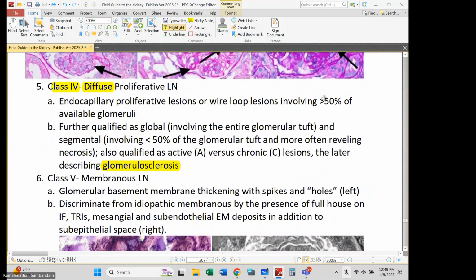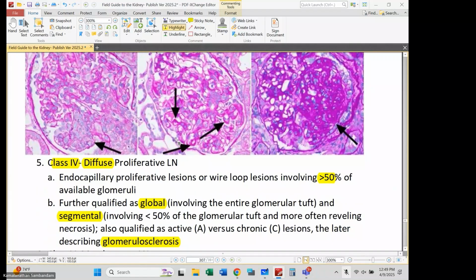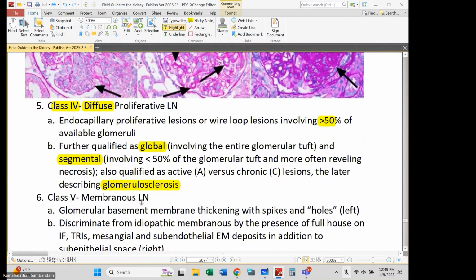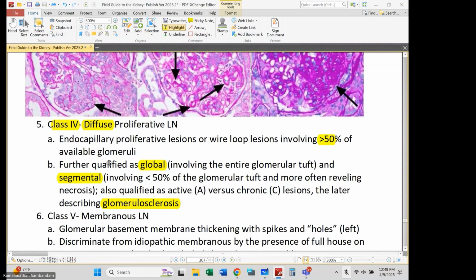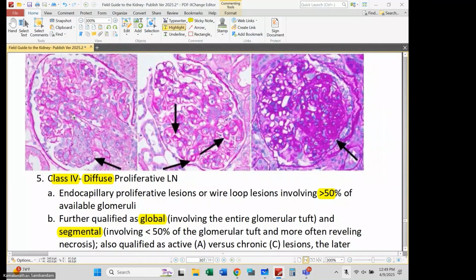We've already made the comment of the distribution. There is some older literature that there was some value to describing whether the proliferation is global versus segmental. But that has become, I guess, less emphasized. There was a pretty high impact paper that said that having segmental hypercellularity, right, here would be a nice segmental hypercellularity.